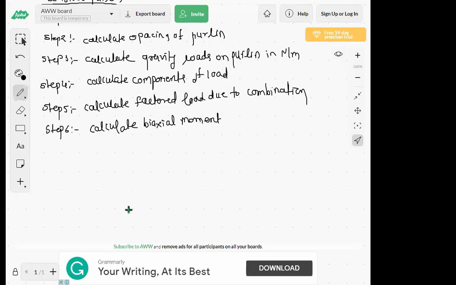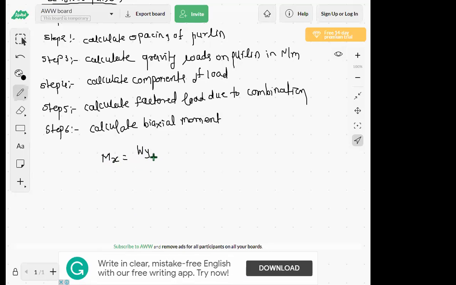Biaxial means two moments we have to calculate. One is in the x direction and another is in the y direction. So first moment, that is Mx, we have to calculate in x direction. So how to calculate the moment in x direction?